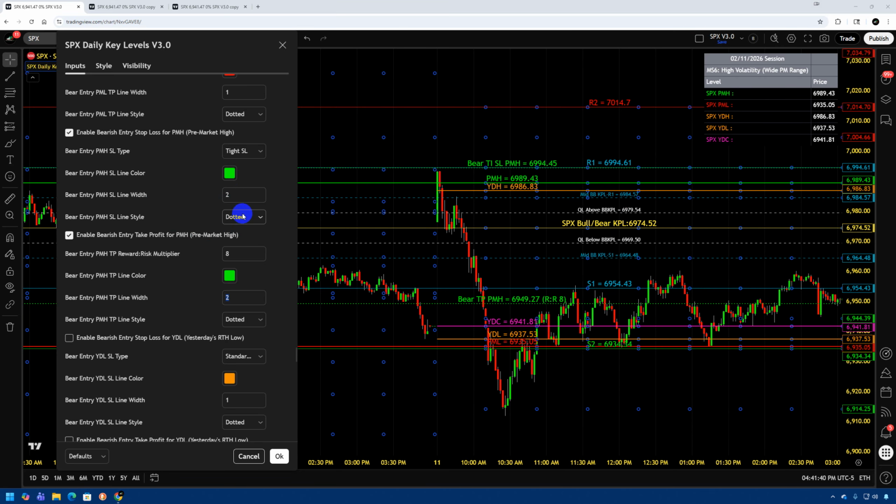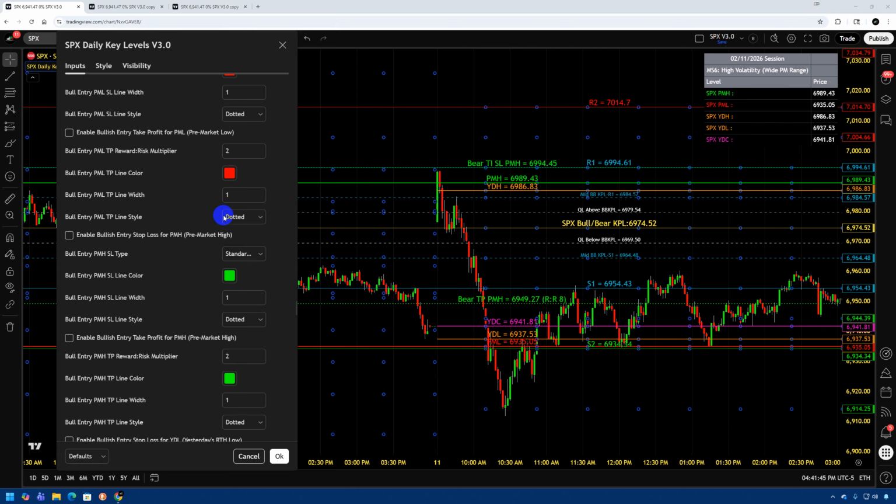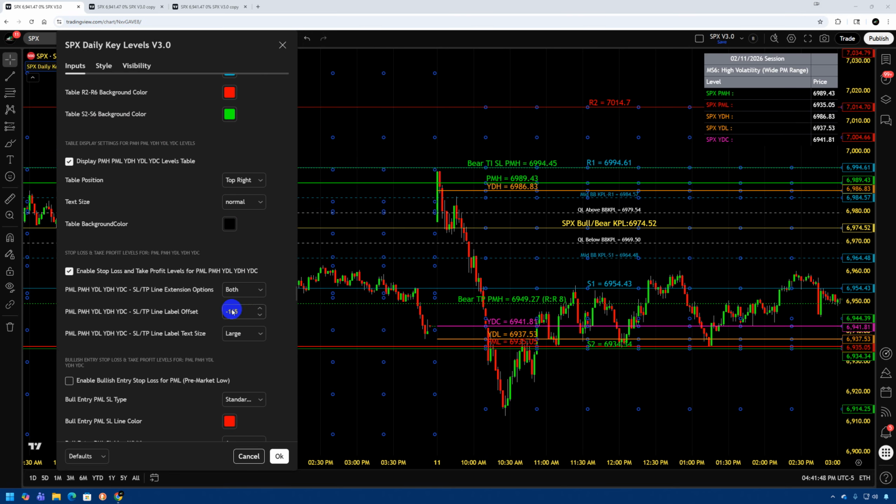And as I said, I moved these over to the left, 165 bars, to where they're back here in the earlier part of the session. I also made the line labels large, so it's just easier for you to see for this video. You may prefer on your own chart just to leave them at normal or small, but I thought it'd be easier for this video.